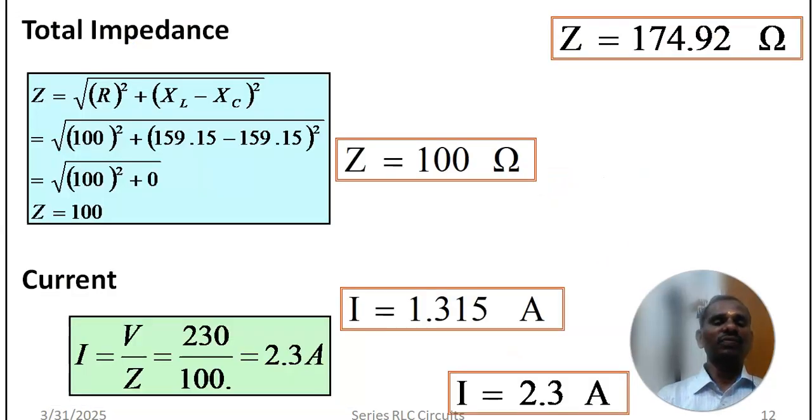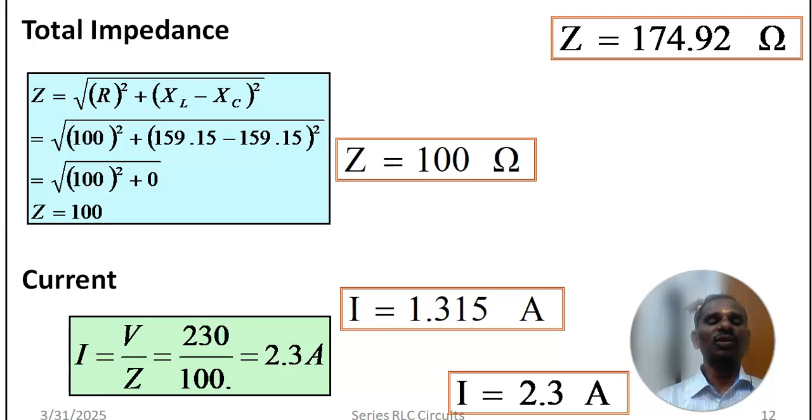If you want to find the total impedance, that is equal to the square root of R square plus XL minus XC the whole square. Putting in the values, R is 100 square plus XL is 159.15, and likewise XC is also 159.15, so 159.15 minus 159.15 the whole square.